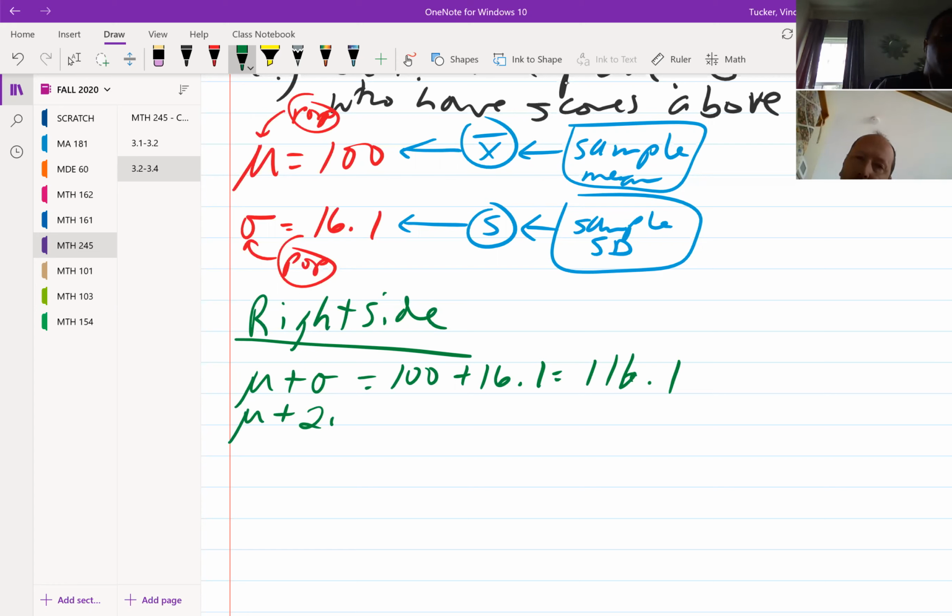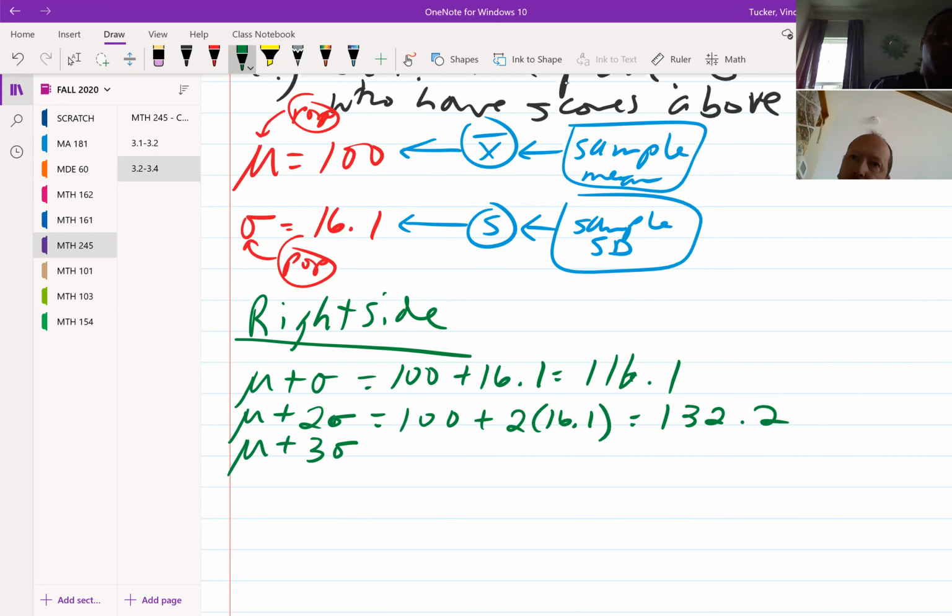Then my mean plus 2 standard deviations, that's 100 plus 2 times 16.1, which is 132.2. And then the mean plus 3 standard deviations, so it's 148.3.